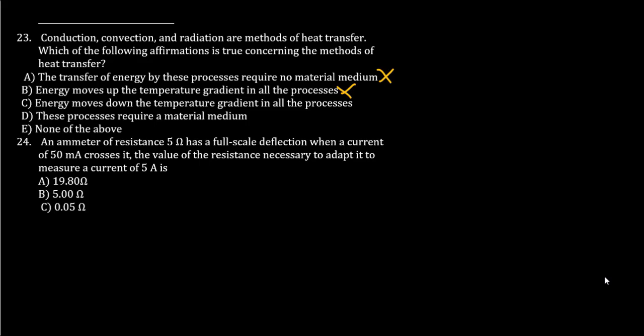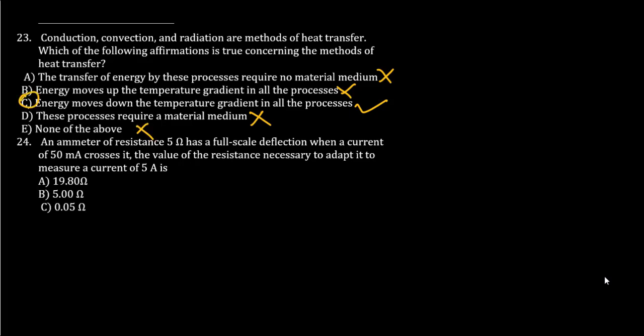C says energy moves down the temperature gradient in all the processes, is correct. So we are leaving from regions of higher temperature moving towards regions of lower temperature. So that option is correct. D, the processes require a material medium, unlike A, wrong. And E, since option C is correct, option E will not be correct, wrong. So the correct option is C.